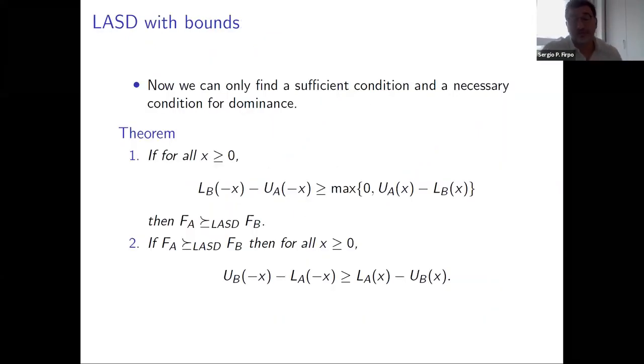Okay, so we have some results as well here. We have a result that is a sufficient condition for testing that comes from the fact that if you look at the most to the left, totally dominated distribution of A, and the most to the right distribution of B, if this thing here happens, even in the worst case scenario, then that's going to be a sufficient condition for A to dominate B. This is a necessary condition, in which we invert those U's and L's.